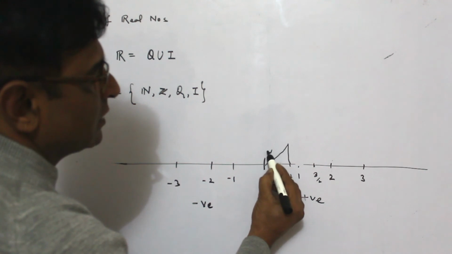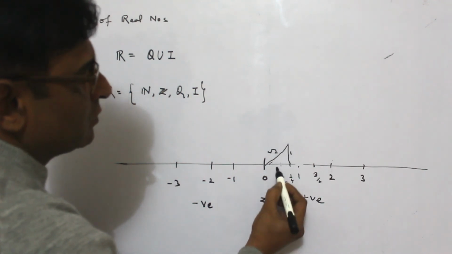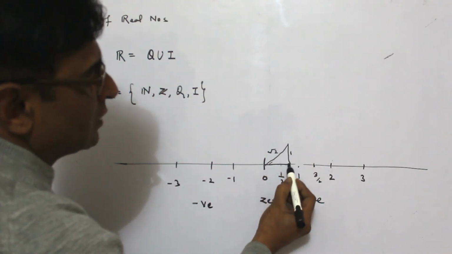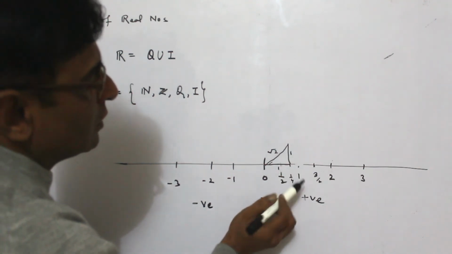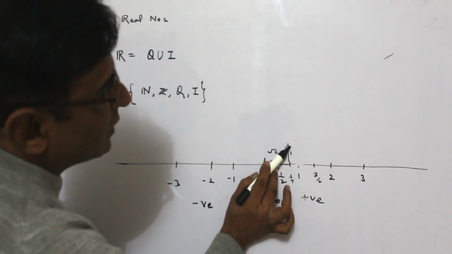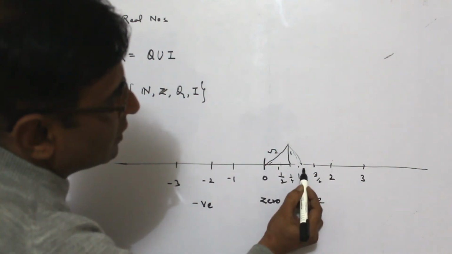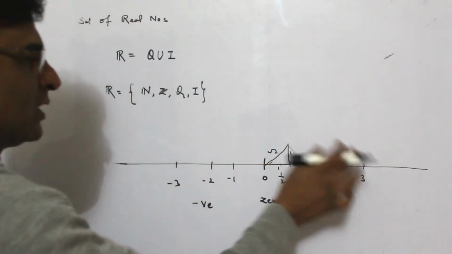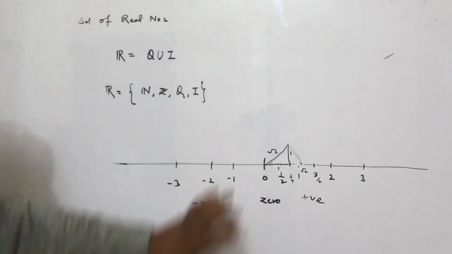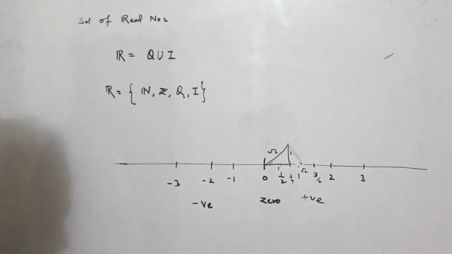This is under root 2, this is 1, and this length also 1. So this length we can take somewhere here. This is under root 2. So irrational numbers also lie on this line. This is how we can physically interpret it.